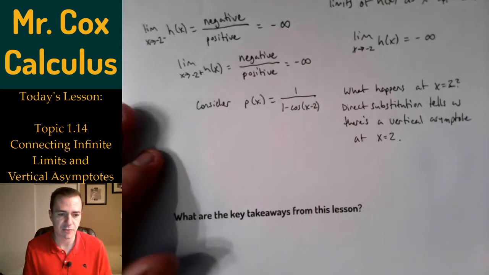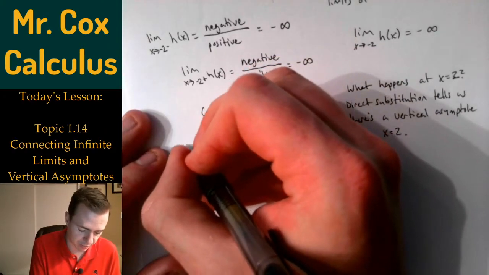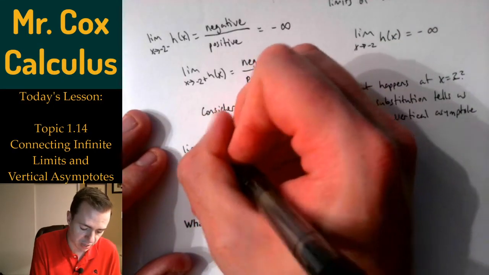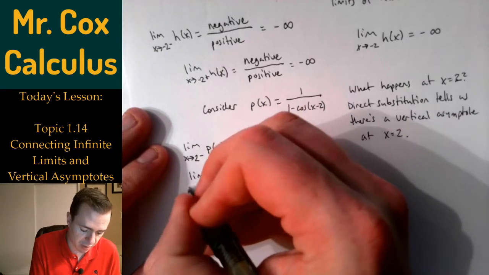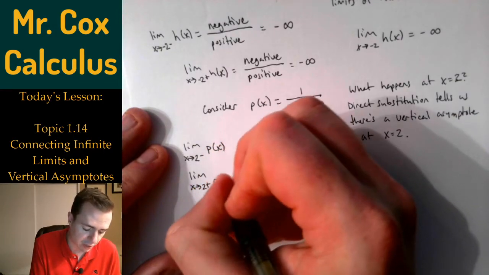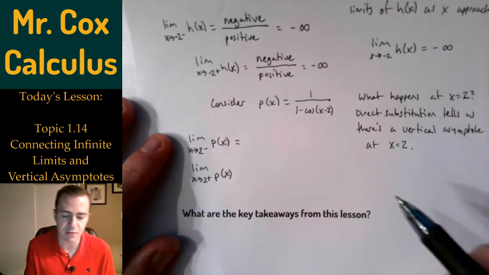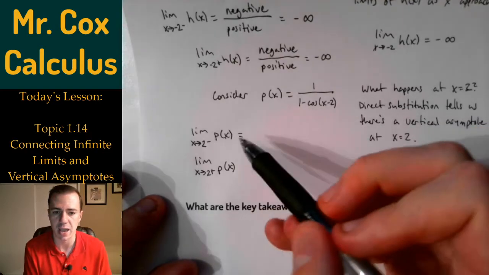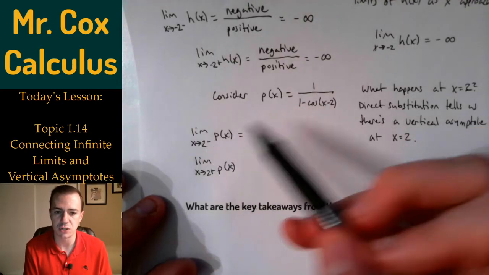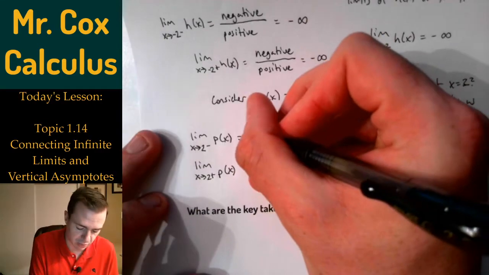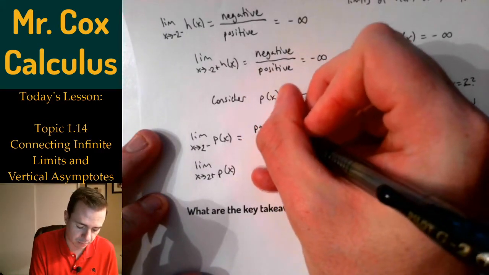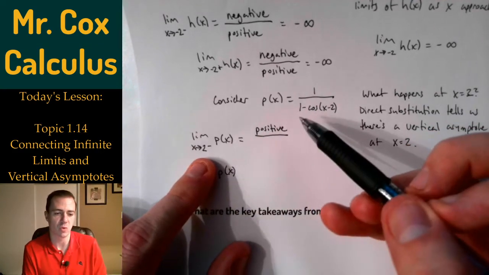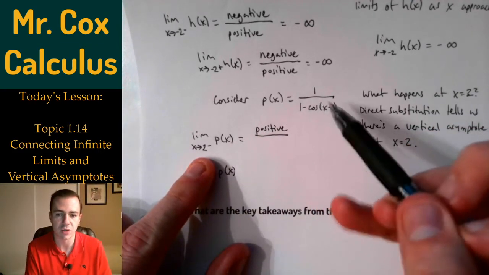But just like I did before, I'm going to go ahead and look at the limit as x approaches 2 from below of p of x, and the limit as x approaches 2 from above of p of x, and see if we can describe which direction, positive or negative infinity, we're headed to. Well, as I approach 2 from below, the numerator is always going to be headed towards positive 1, so I know I have a positive value. The denominator here, and this is important where you remember things about the bounded nature of cosine.